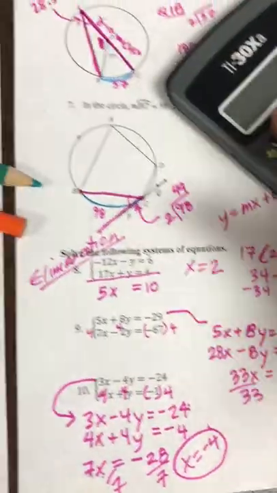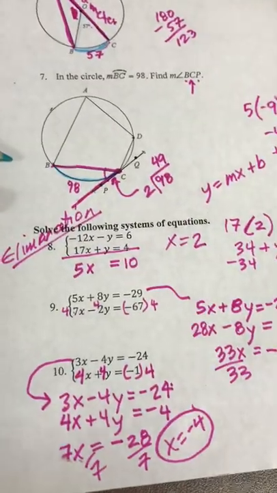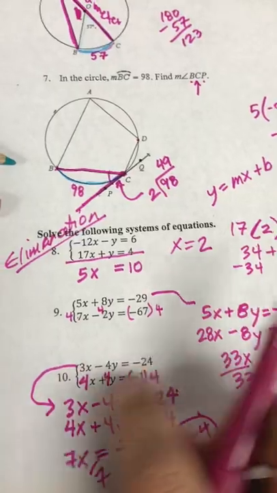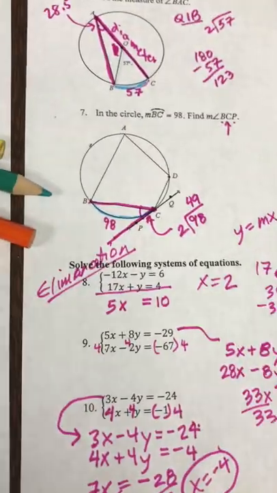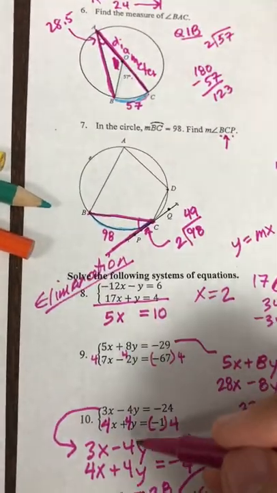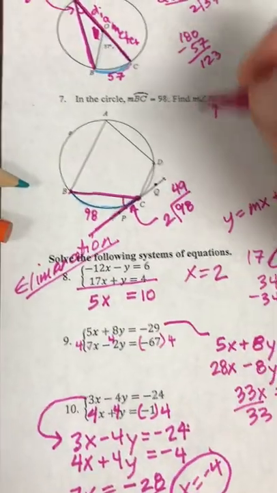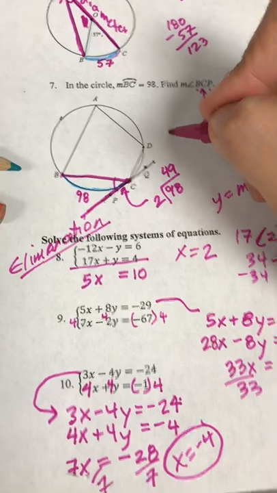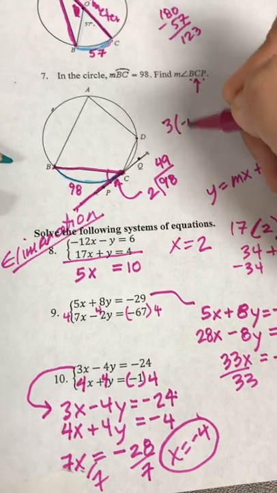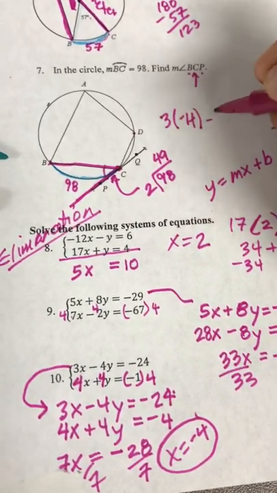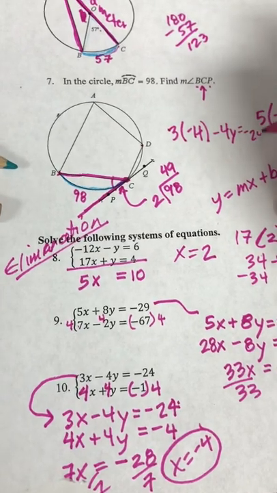Now let's use it to solve for the mystery of y. Either equation is fine. I've already yuckied that one up though, so I'm going to use the top one, but either one would be perfectly okay. So I'm going to rewrite this formula up here. 3 times x, which is negative 4, minus 4y equals negative 24.